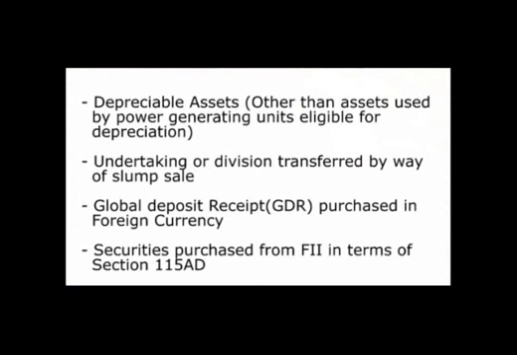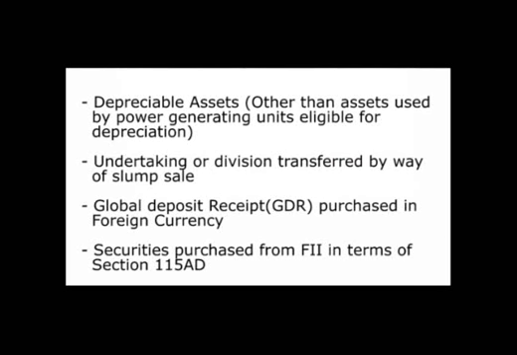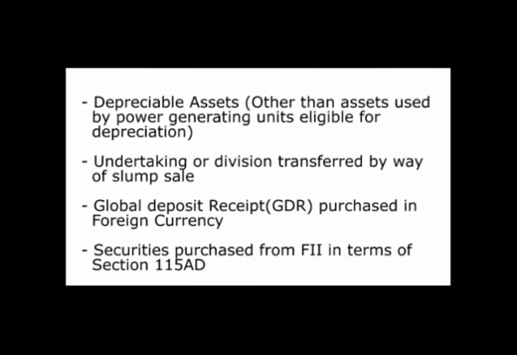Next is the undertaking or division which is transferred by way of slump sale. Slump sale means where the sale of an undertaking has been done for a lump sum amount. For a lump sum amount somebody has sold the division or undertaking. If that is the case, then the benefits of indexation are not available to the assessee.